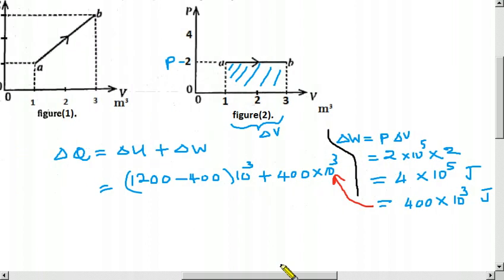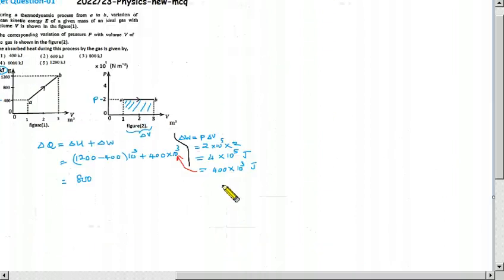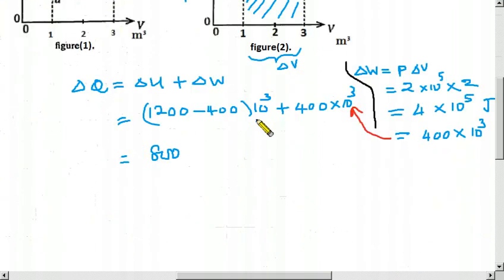So now we have to simplify this. Here we get 800. We can write kilojoule because the answers are in kilojoule. Therefore, without this 10 power 3, we can write kilojoule, plus 400 kilojoule.